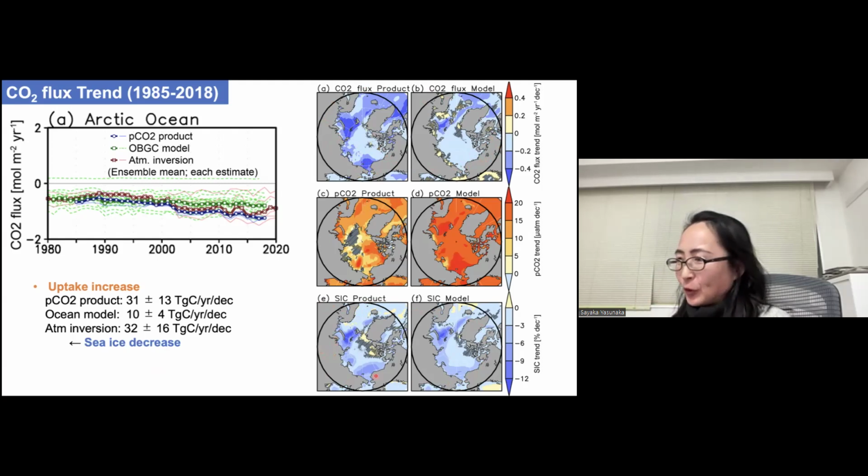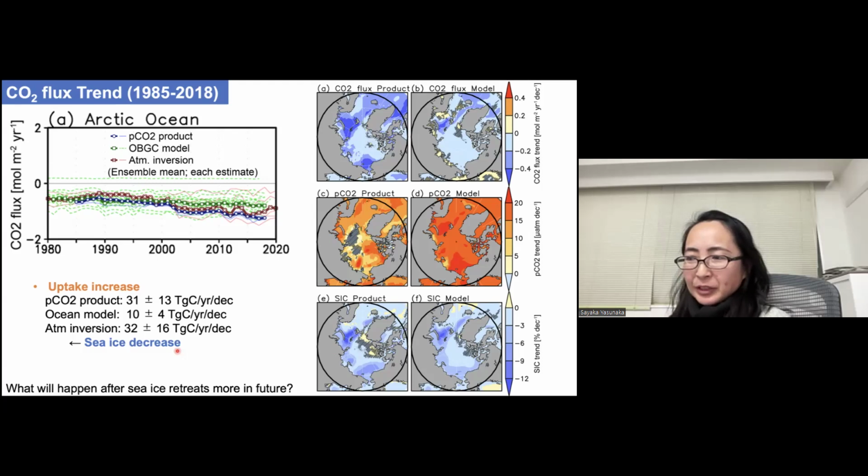This figure shows the sea ice concentration trend, and the blue region means larger sea ice retreat, and this pattern is similar to that pattern. So it means the CO2 uptake in the Arctic Ocean is increasing because of the sea ice decreasing.